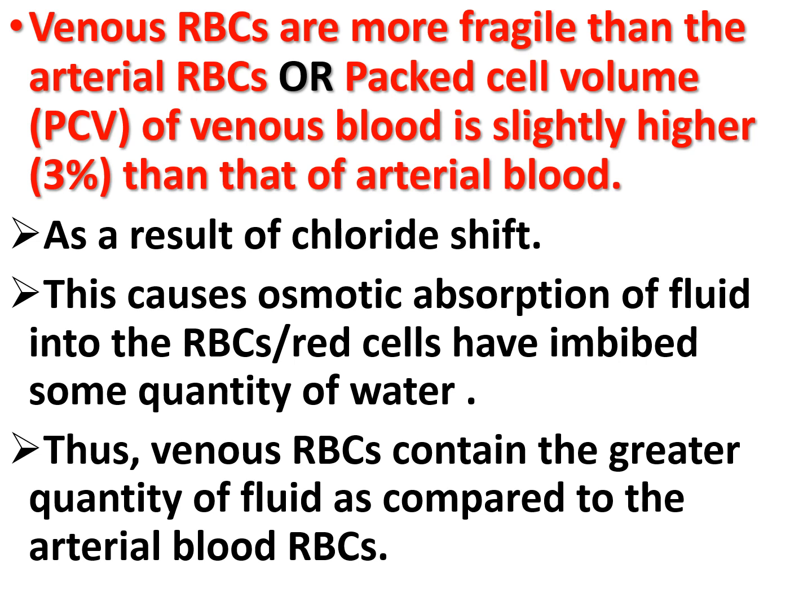That causes osmotic absorption of fluid into the red blood cells, so they imbibe some quantity of water. So the venous RBCs contain a greater quantity of fluid as compared to arterial blood RBCs.